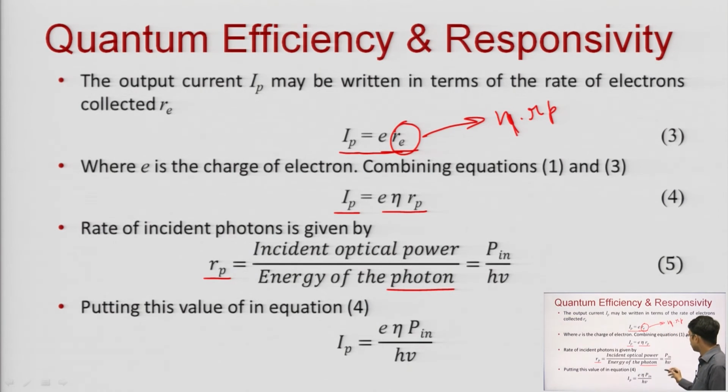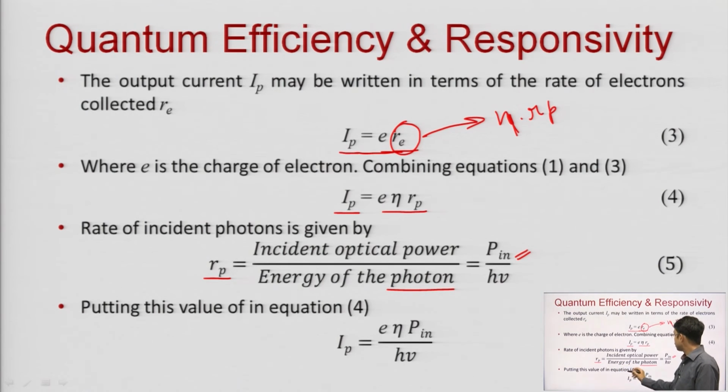Okay. So, this is energy per unit time, that is power, and this is the energy of a single photon, h nu. So, this is the number of photons per unit time, that is the rate of incident photons Rp.